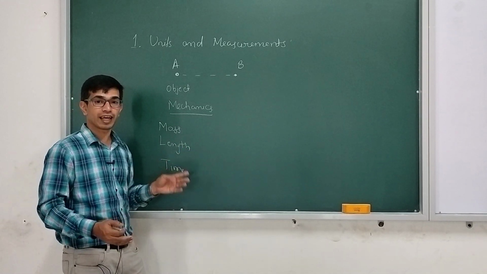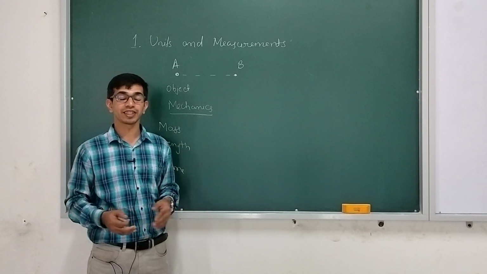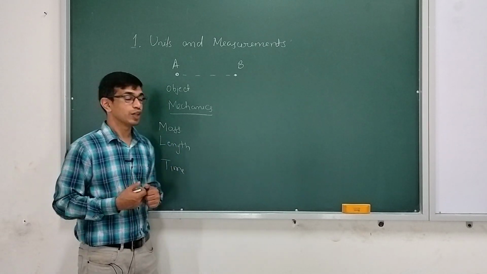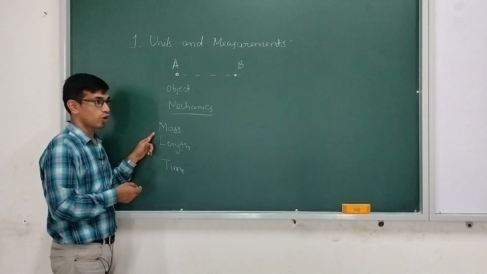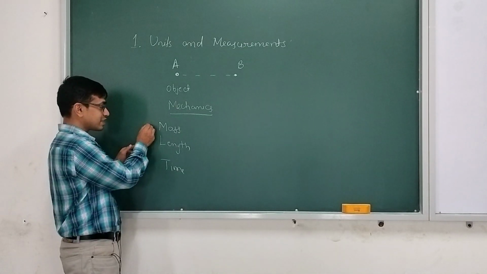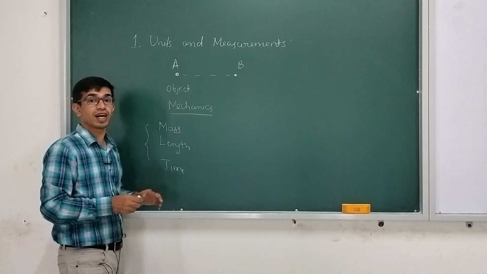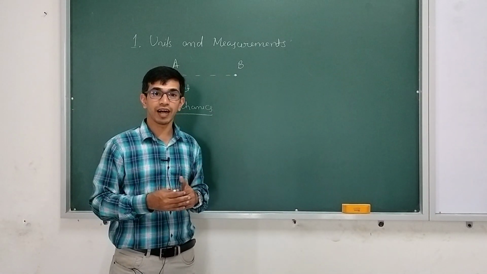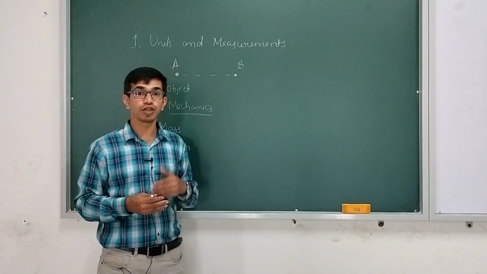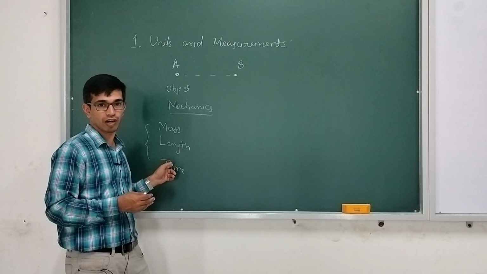For time, 10 minutes, 20 minutes, 30 minutes, the concept of time. So in mechanics, the study of motion, we always use these three physical quantities, which are independent of each other, and which do not require any other physical quantity to represent them.